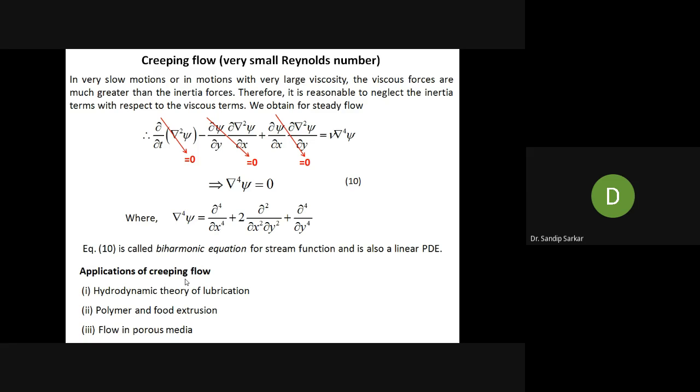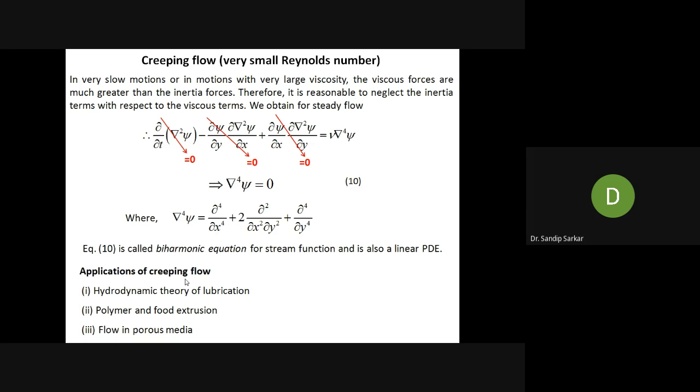The Reynolds number is of the order of 10 to the power minus 2, 10 to the power minus 3. So those kinds of flow are called creeping flow. For example, flow of blood in a blood capillary. Where the Reynolds number is very, very small, those kinds of flow are called creeping flow.